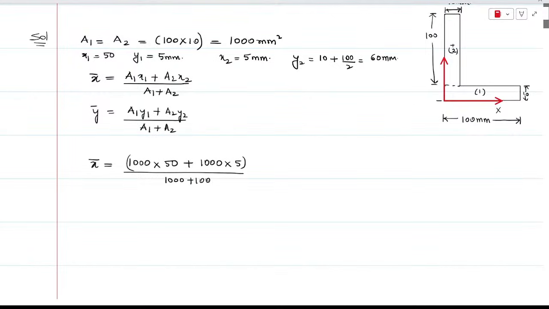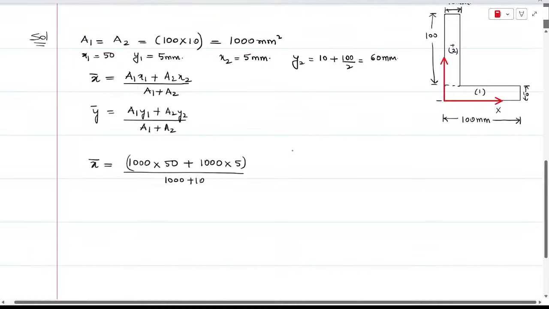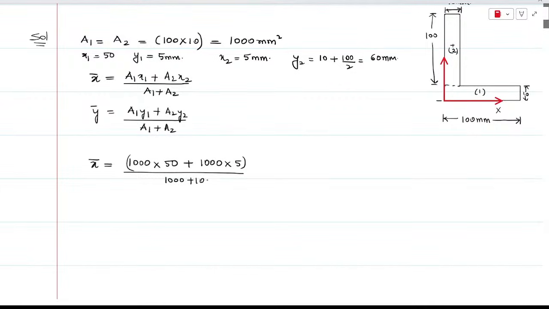Here 1000 is common and gets cancelled. So this is 1000 divided by 2000 into 50 plus 5, that is 55. So the answer is 55 by 2, which is equal to 27.5 mm. That is the x coordinate. Same way, the y coordinate is also required to be computed.